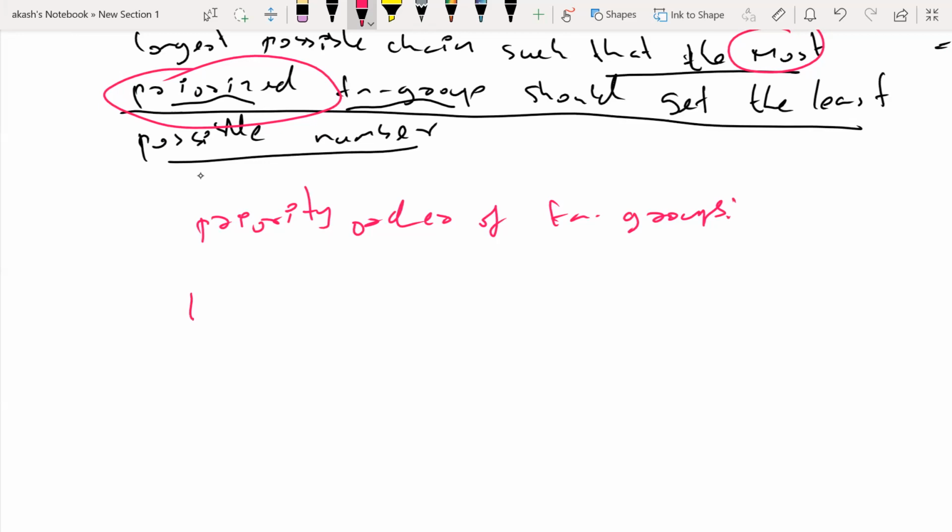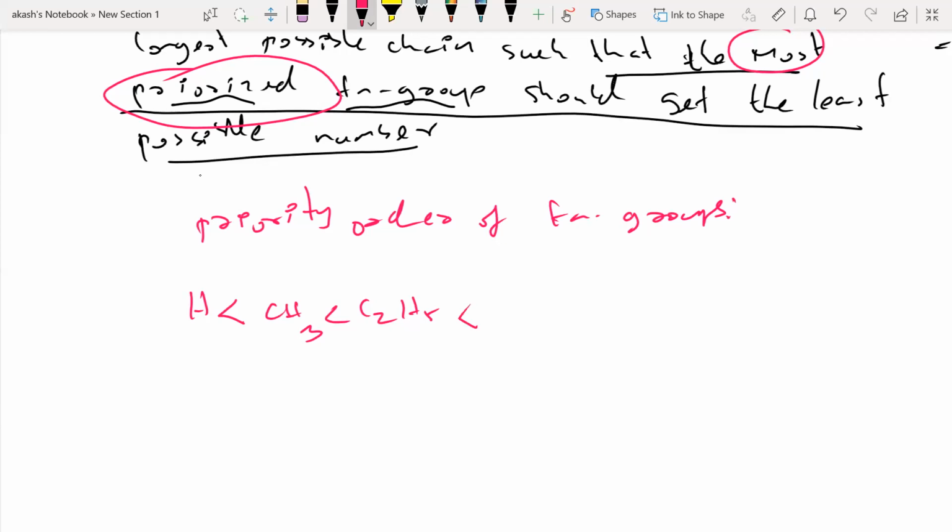So first is hydrogen. Obviously, hydrogen is going to have the least priority. Then you can have a branch, like CH3. Then you can have C2H5. Higher number of carbon atoms will have higher priority.